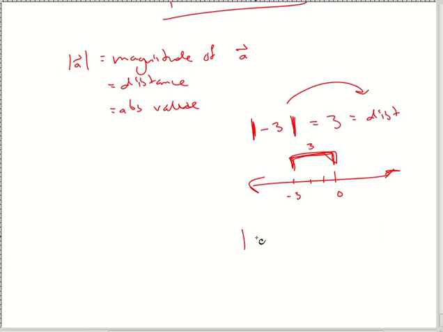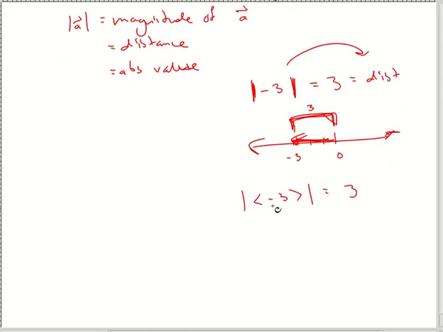Now, I'm just making something silly up here. What if I had a single dimensional vector? Well, then it would still be 3 again because I'm just wanting that distance. What's the distance of that little arrow right there? How much distance we got? We got 3. Really, we don't ever see this. I'm just making a point that it's actually a distance.